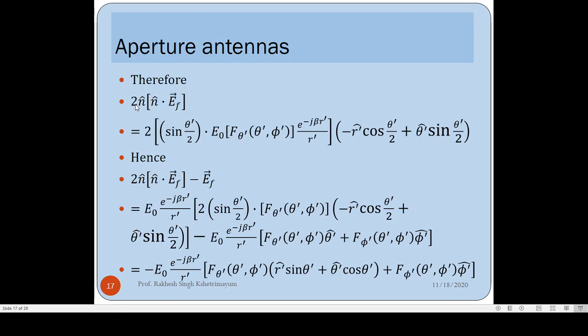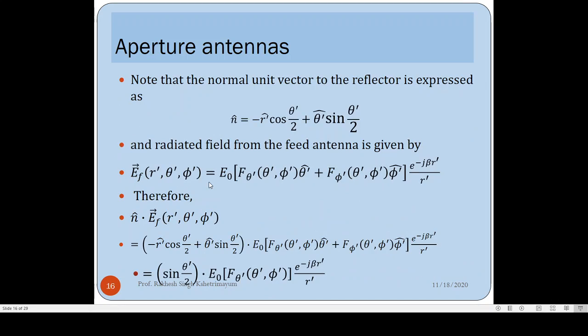And in the expression you have for the aperture electric field, you have something like 2n unit vector, n dot EF. We have already found what the n unit vector is. N unit vector is this, 2 times of that, 2 times of n unit vector, and n dot EF, which we have just found out. And you also have minus EF in the expression for the aperture electric field.